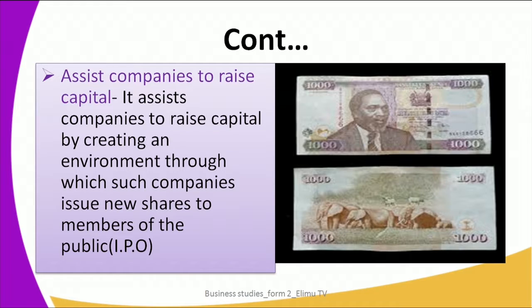So the Nairobi stock exchange market assists companies to raise capital by creating the environment through which such companies issue new shares to members of the public. A company can issue new shares, what we are calling the IPO, to the public, and as a result earn more income or more capital.